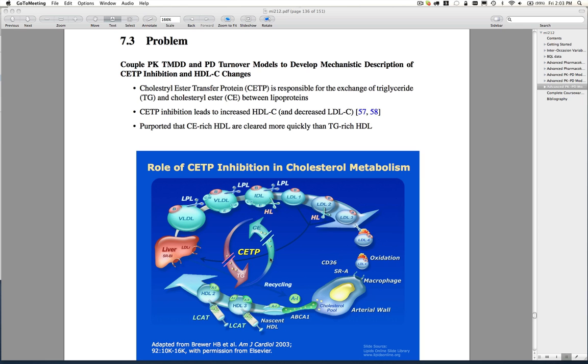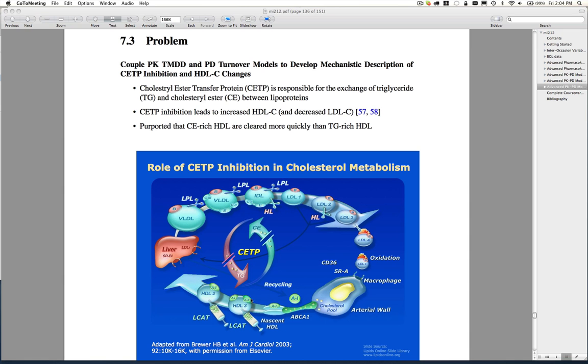Now you can imagine that, historically, in the evolution of biology, this was probably a useful process in times when foods and such weren't as readily available as they are today, and you needed to keep the cholesterol that you had in circulation.